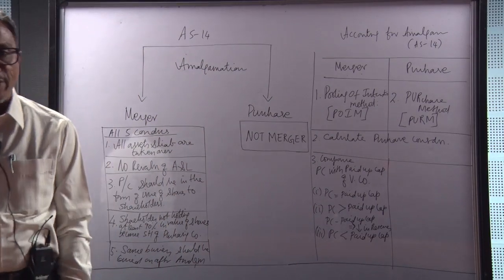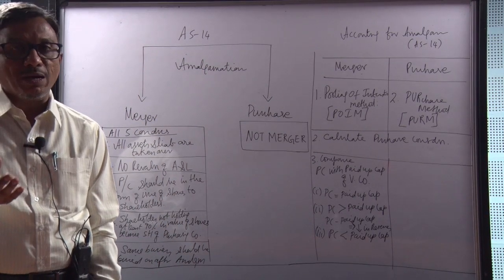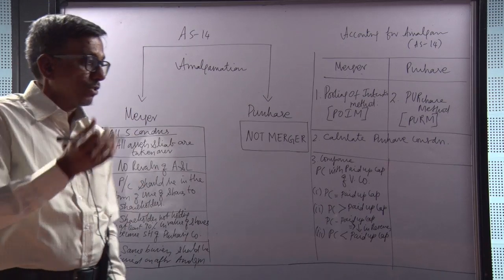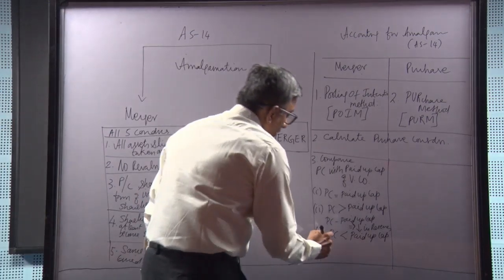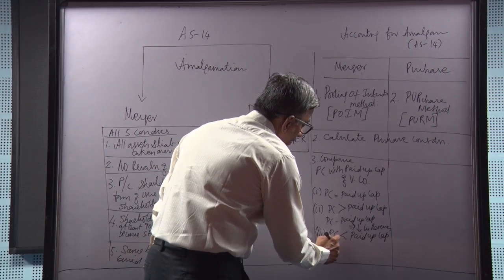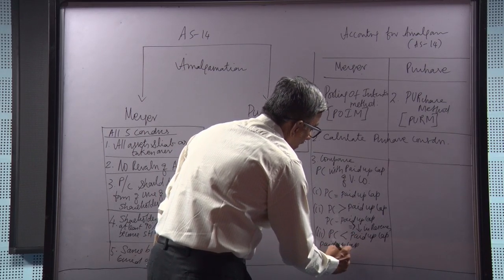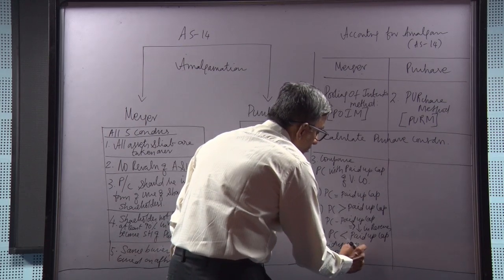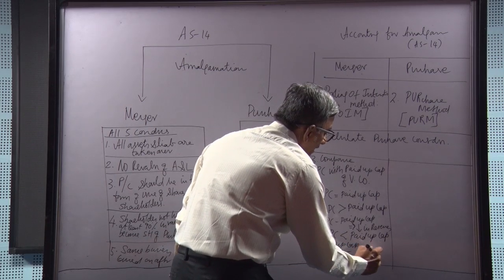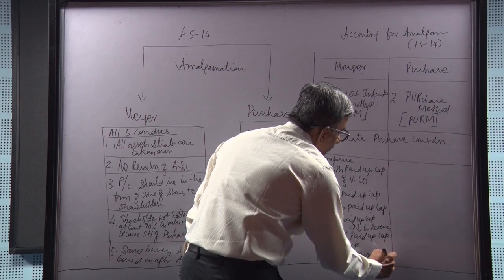When they get the benefit, automatically what happens? The reserves will increase. So therefore what you should do? Paid up capital minus purchase consideration equal to increase in reserves.